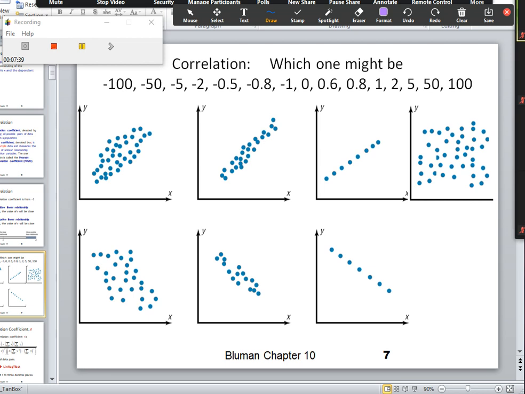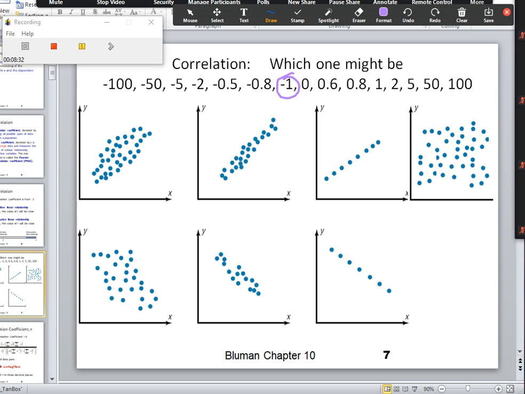Okay, so here's the deal. Correlation coefficient goes from what to what? It goes from -1 to +1. You cannot have a correlation coefficient of 100 or 50 or 5 or 2. None of those exist. Those are impossible.